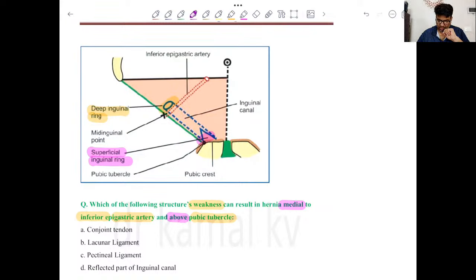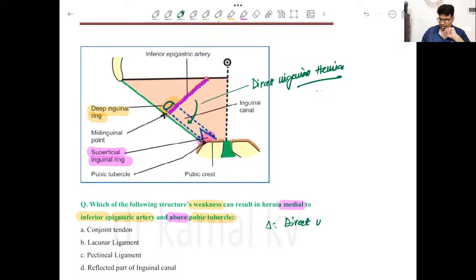If we draw in this image, this is the inferior epigastric artery. The question is saying that the hernia will occur something like this, and when the herniated bowel enters the inguinal canal medial to the inferior epigastric artery, this is known as direct inguinal hernia. Clear? So the question is about direct inguinal hernia.